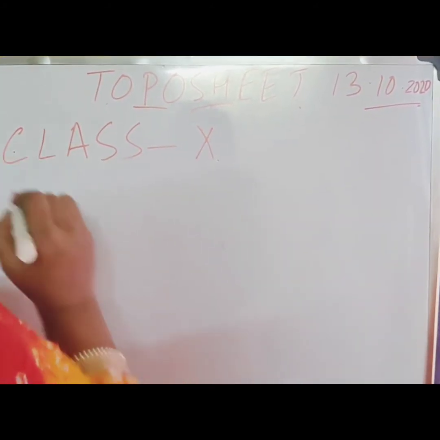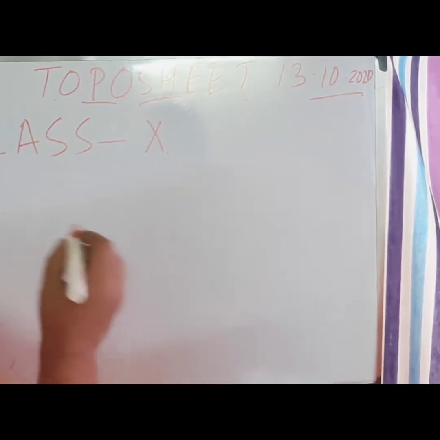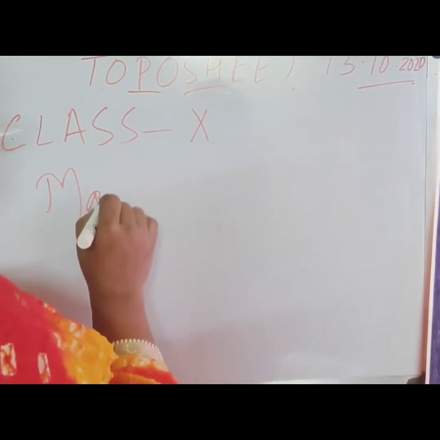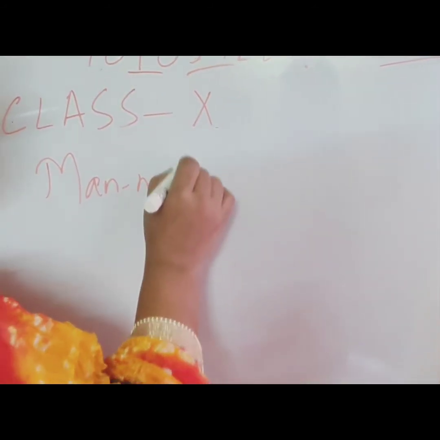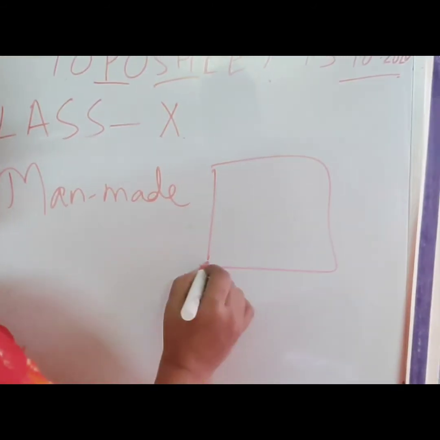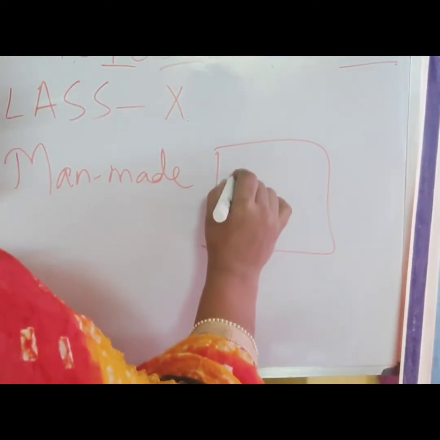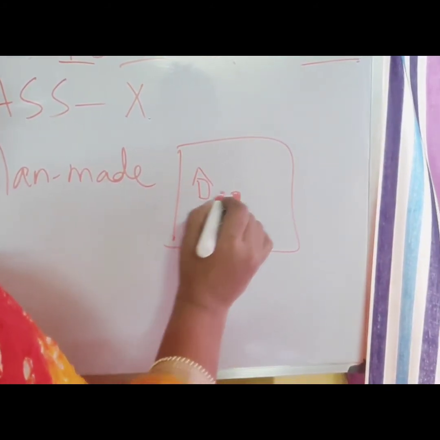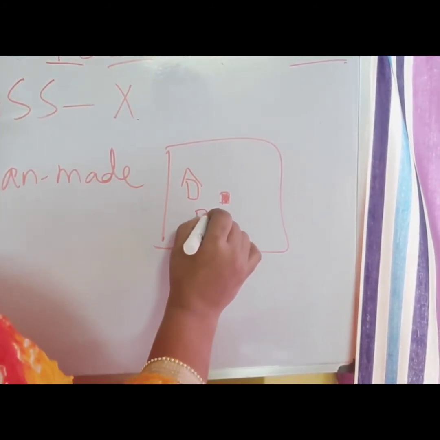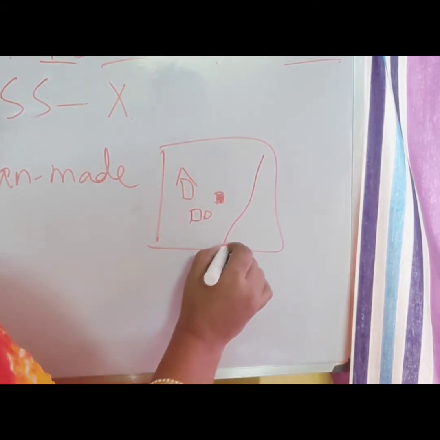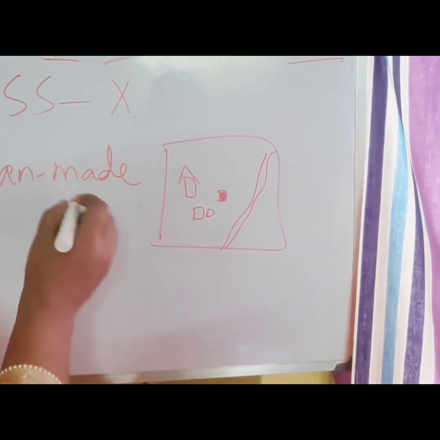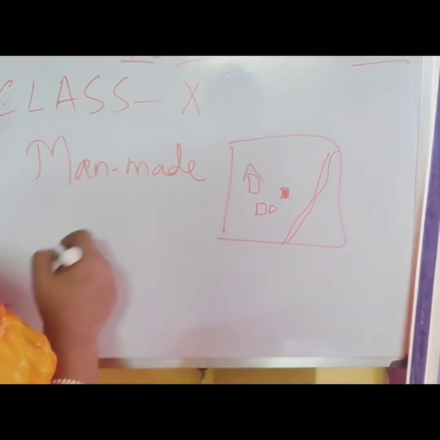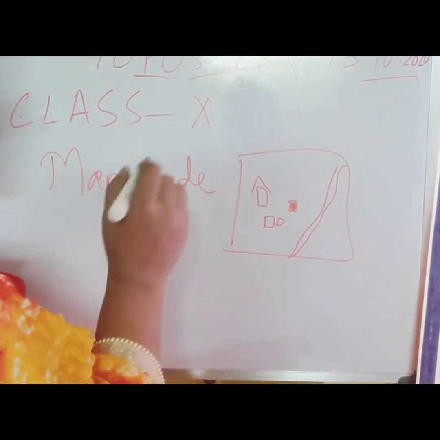Now students, another important feature is the man-made features. Now if you see in the grid there is a temple, a dam, settlements, or a road, a metal road, these are man-made features, that is, features which are constructed by man.